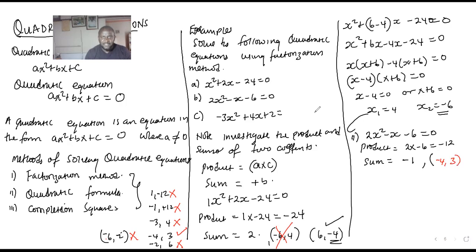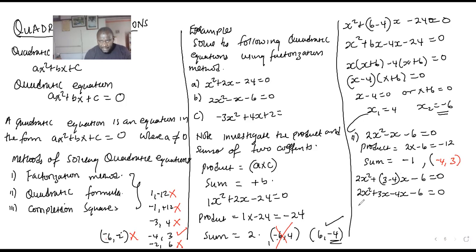So if it is -4, 3, then this is what is going to happen. We shall have 2x squared plus 3x minus 4x minus 6 is 0.